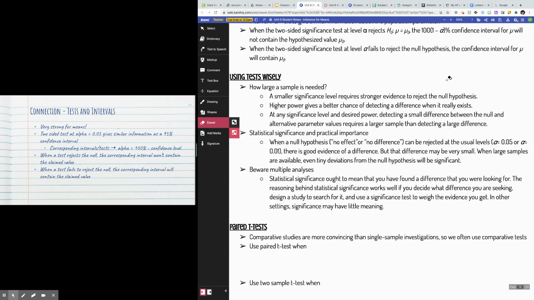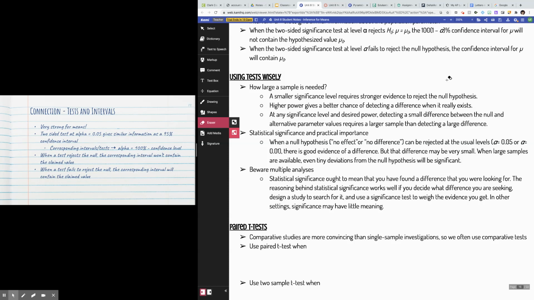And then another thing that you want to make sure that you're aware of is something called multiple analyses. When you reject a null and you get a p-value that is statistically significant, what that's supposed to mean is that you found this difference that you were looking for. But this really only works if you follow the process that you're supposed to follow and don't try to attack a problem using multiple analyses at the same time.